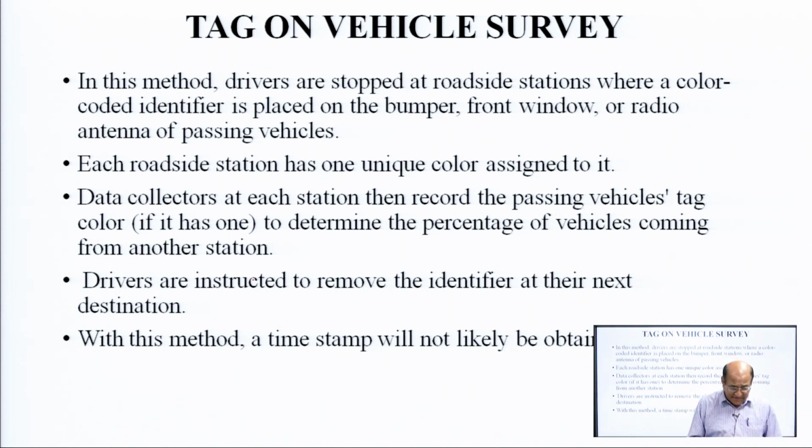Each roadside station has one unique color assigned to it. The data collector at each station then records the passing vehicle tags coming from another station.